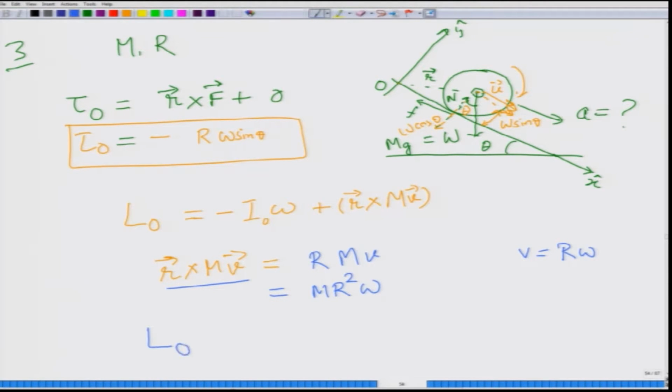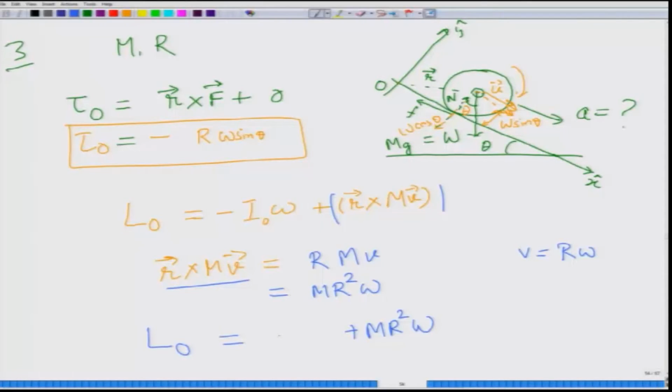So the angular momentum turns out to be, in magnitude, m r omega here, and this is actually a disc. The cylinder, you can treat as a disc.